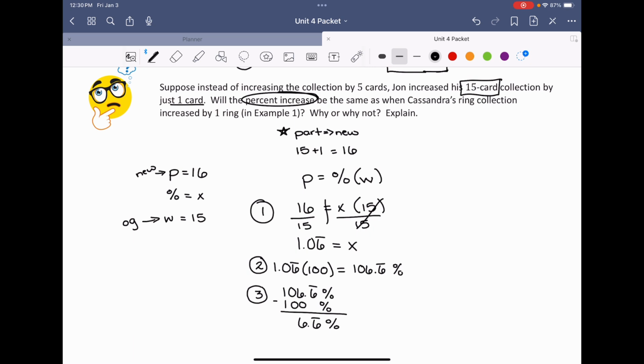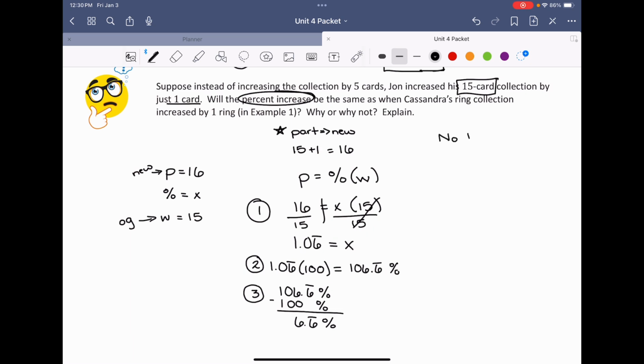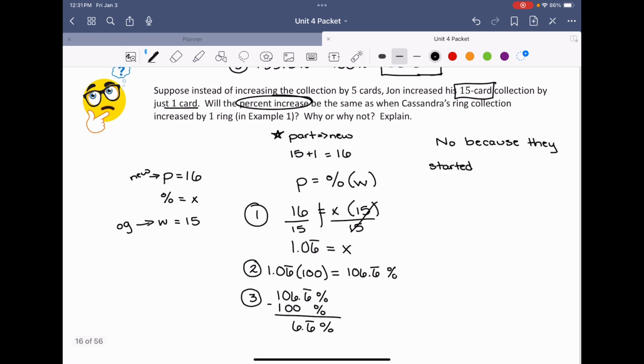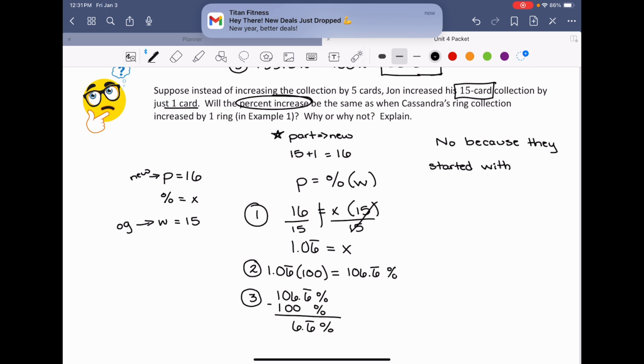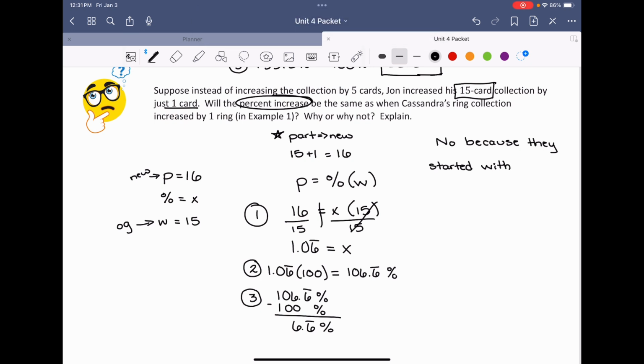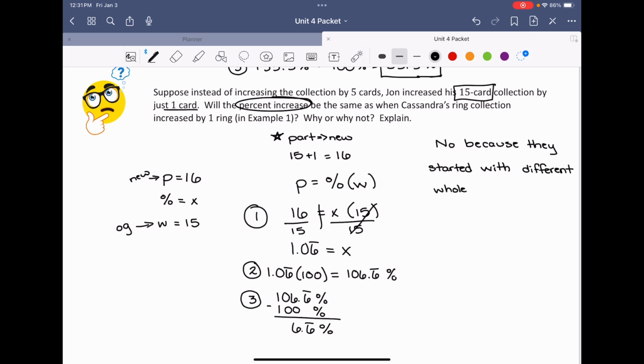Now this is different from Cassandra's ring collection. So the answer to the question would be no, because they started with different wholes or original amounts.